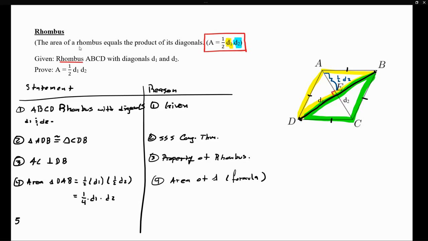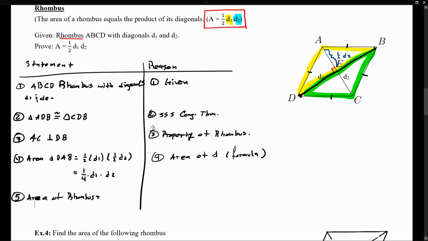So now the area of the rhombus is going to be equivalent to 2 times what we got here, which simplifies to 1 half D1 D2.